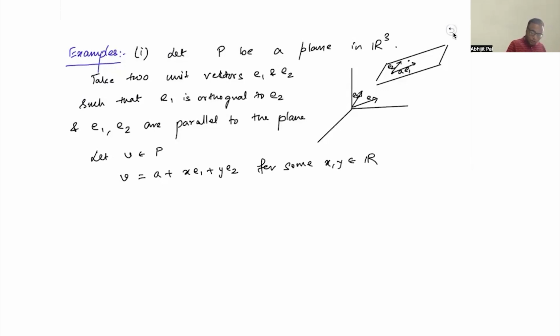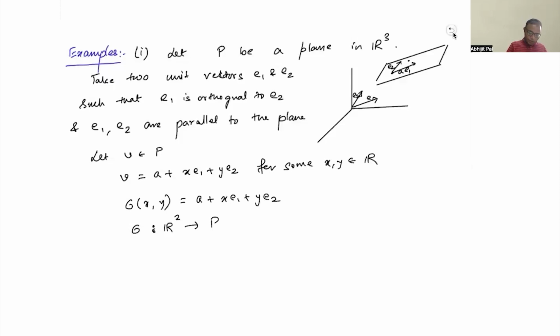Okay. So now what you do, you take sigma of X, Y to be equal to A plus X E1 plus Y E2. So sigma is a map from this R2 to this P. Okay, and you can check that this sigma is a homeomorphism, it is a differentiable map, and d sigma is injective.